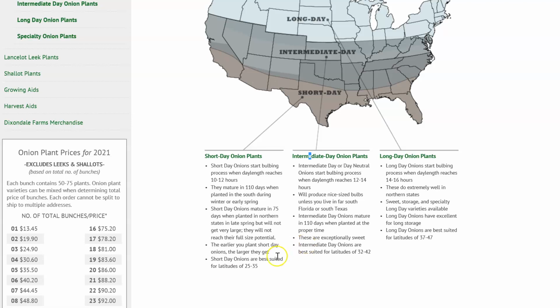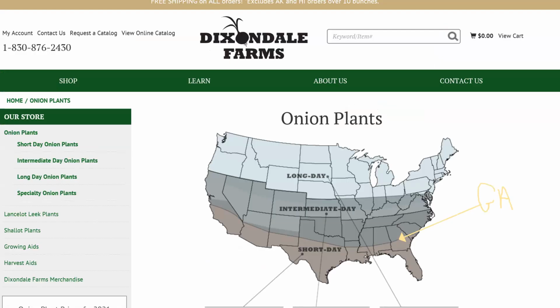One of the things to be noted for the short day is that it suits regions with latitudes 25 to 35. For Georgia, there's actually the option of short day or intermediate.